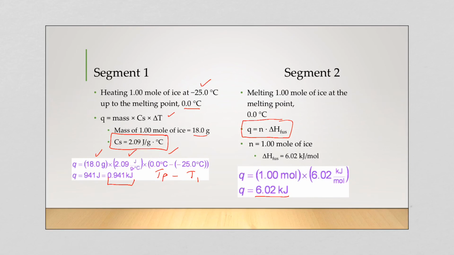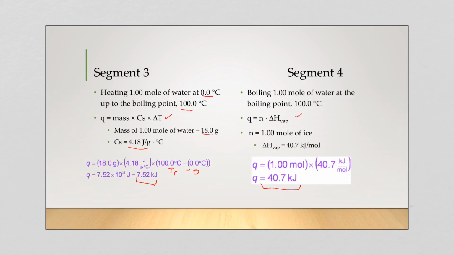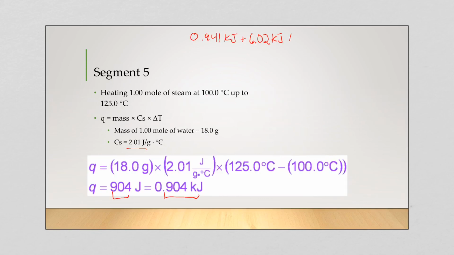Now, if we go back to our slides and keep track of our numbers, we got 0.941 kilojoules plus 6.02 kilojoules. If we look at the third phase, that was 7.52 plus 40.7 kilojoules. And we add that to the last one, which was 0.904 kilojoules.